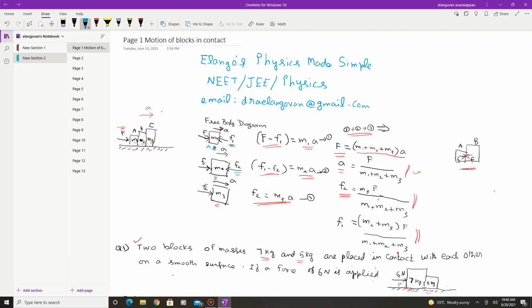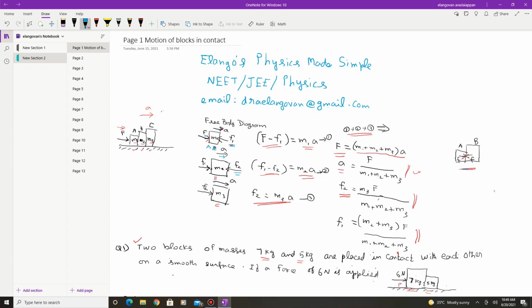So F1 and F2 are the two contact forces. Contact forces are always acting towards the body. F1 is acting towards the body B, F2 is acting towards the body B, so there are two contact forces F1, F2, and the block B is moving with an acceleration A.